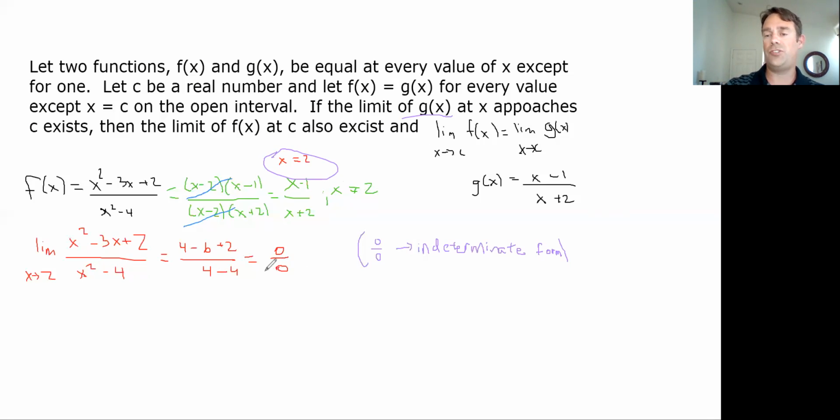So once we've shown that a limit is indeterminate, we can go about rewriting it in terms of that g of x function. So I would go back to the original expression, x squared minus 3x plus 2, and I'm going to manipulate it until I get it into a value that actually works.